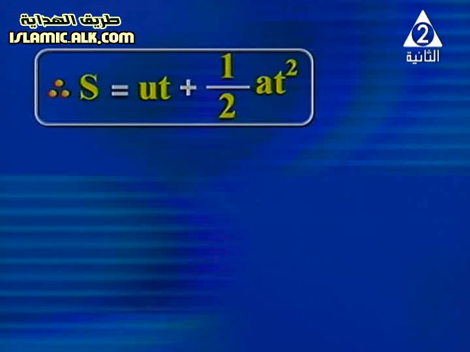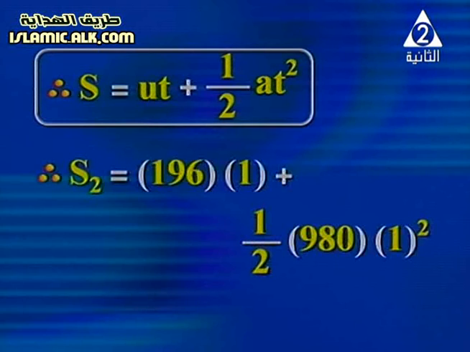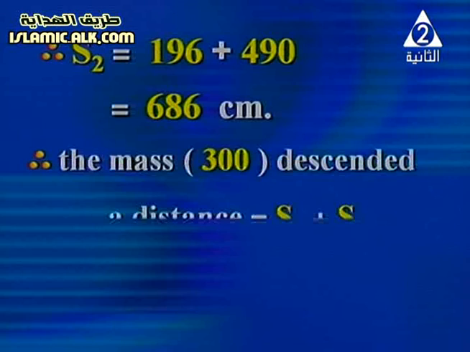After we substitute in the second Newton law, s equals ut plus half at squared, we find the value of S2: 196 times 1 plus half times 980 times 1 squared. Then S2 equals 196 plus 490, which is 686 centimeter.